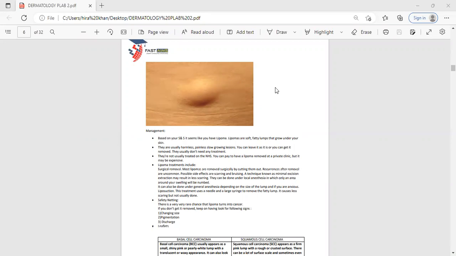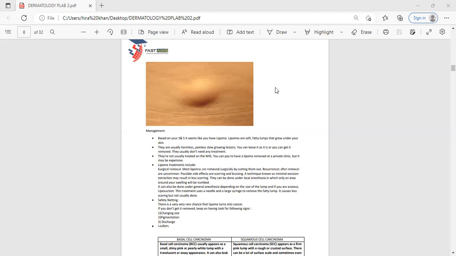Okay, so then the next thing you have to mention, even if the patient is not asking, is: here is the thing, Clara. Well, these are not usually treated on the NHS, but you can pay to have a lipoma removed at a private clinic. But I'm afraid that it may be very expensive, because a lipoma is not harmful, so the NHS does not pay for that.